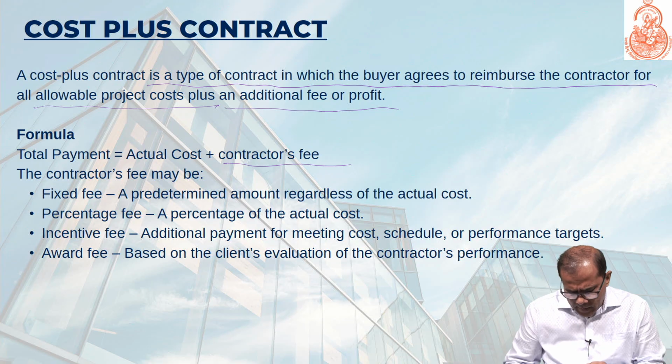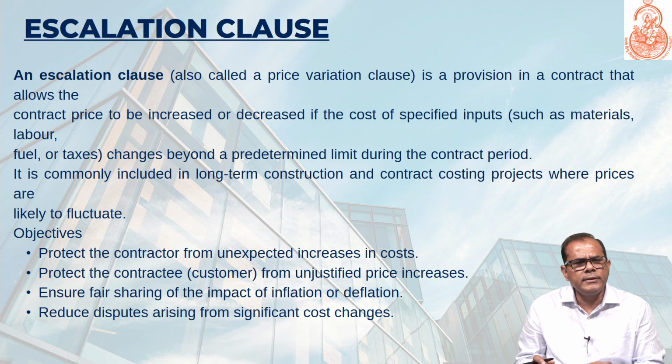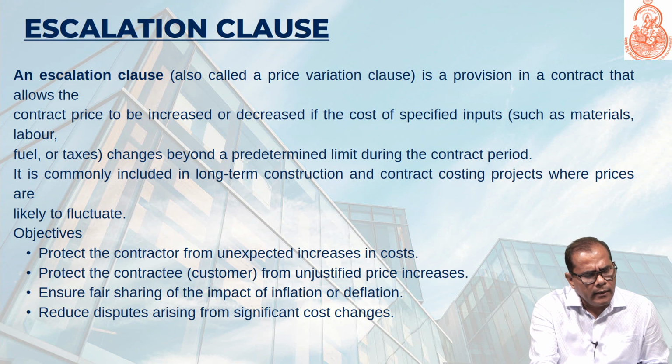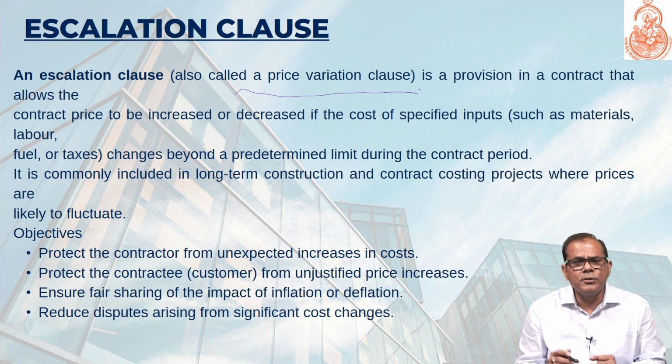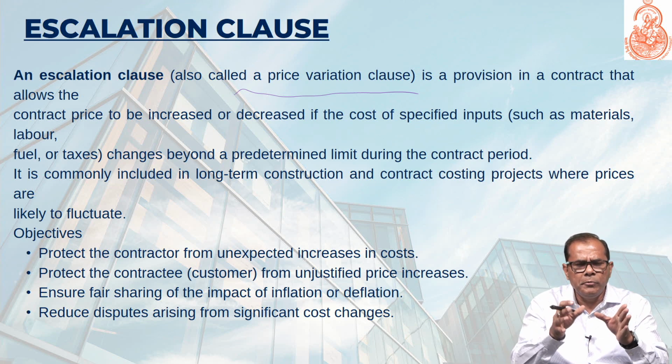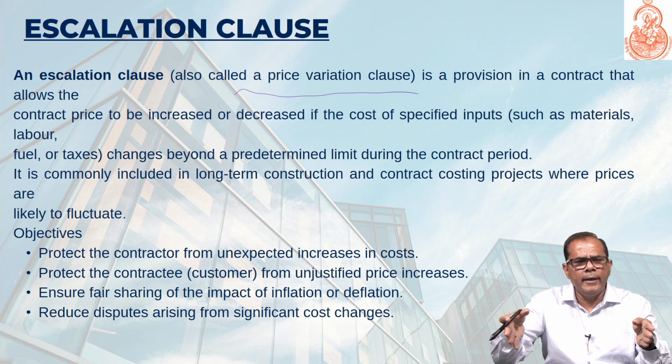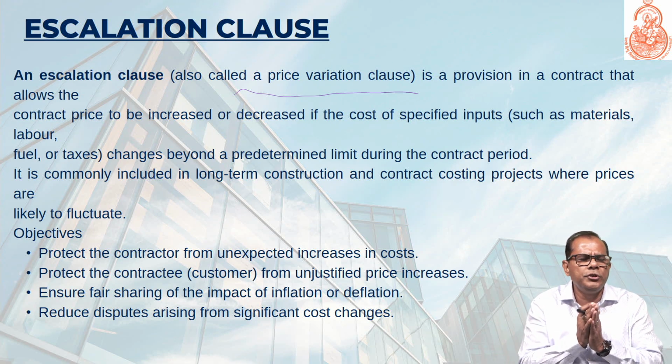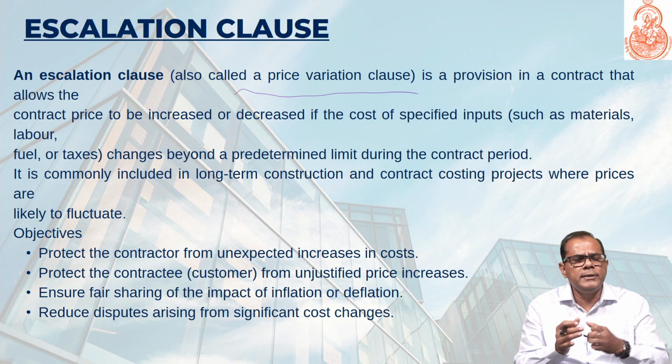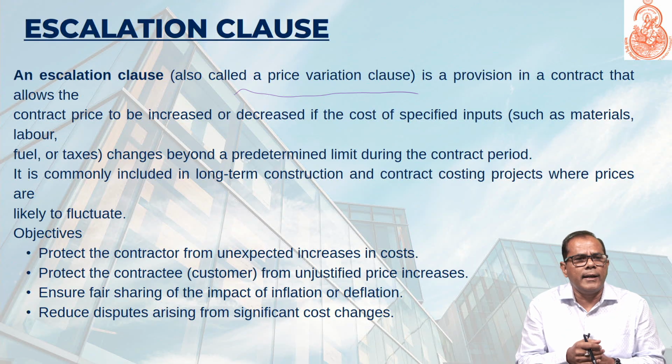Then there comes the escalation clause, also called a price variation clause, because when we are talking about such a long span of time and the fluctuations in the prices of different resources that are going to be consumed, obviously the contractor has to be compensated for that, because it is not the fault of the contractor.